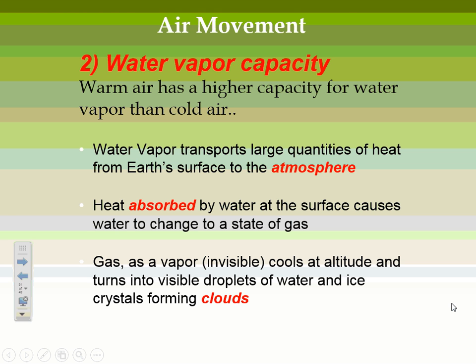It's part of the reason why those tropical regions get so much more precipitation than, say, our area. Gas as a vapor cools at altitude, turns into water droplets, and then falls from our clouds as water or ice.